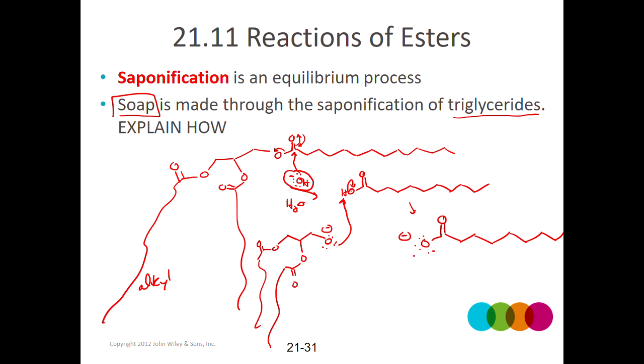If you remember from Gen Chem 2 and from OChem 1, we talked about surfactants a little. We said since there's a charged end and a non-polar tail, these things will aggregate together into micelles. I didn't draw that well.